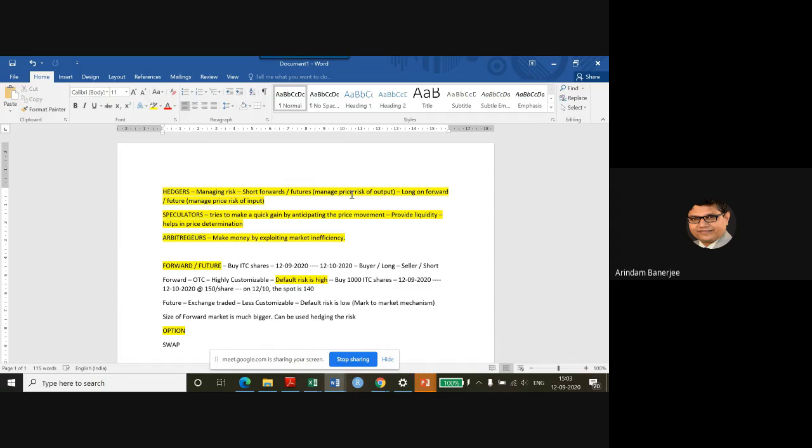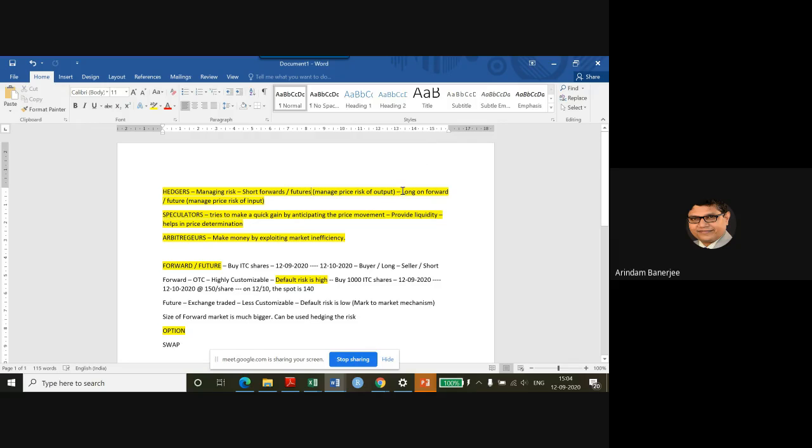And Nestle is feeling that the price of wheat may go up after 3 months because of some demand-supply or supply chain problem. The price of wheat may go up, and for Nestle, wheat is the input. So it is also facing a price risk, but from the input side, from the cost side. So what will it do?